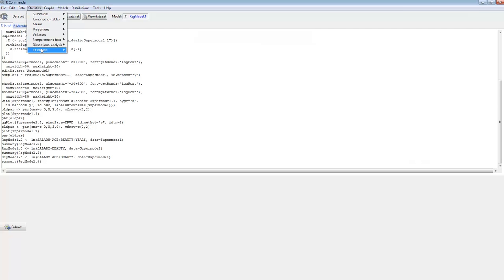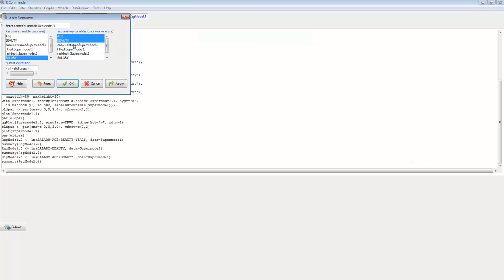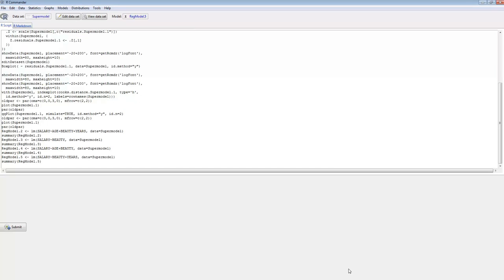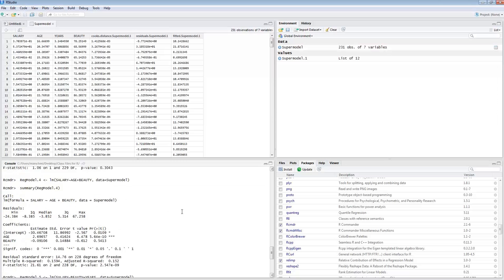So statistics, fit models, linear regression. Let's click out of age and select simply beauty and years. Let's click on OK. Let's go back to RStudio and see what emerges here. So all of a sudden, years is also positively related to salary.